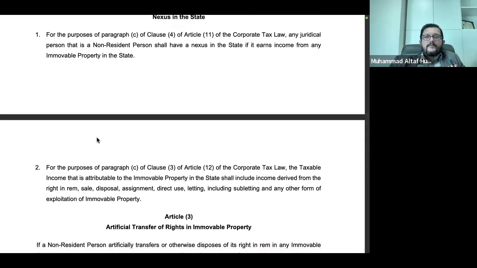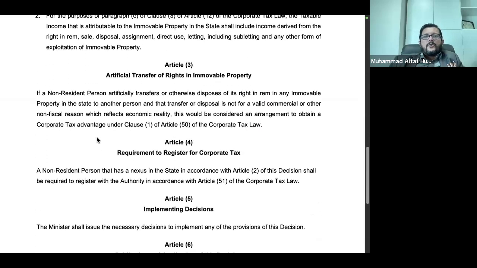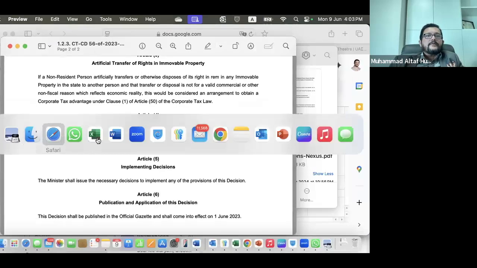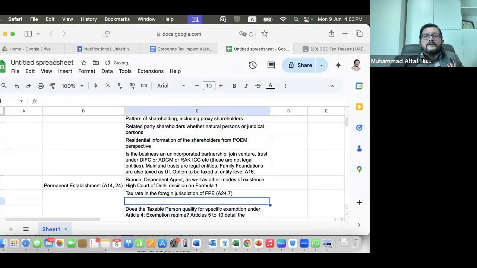But it's specified as immovable property. Exactly, so this is all immovable property related. So we have to be extra careful. There are gray areas still in the corporate tax, so we should always look at these things.